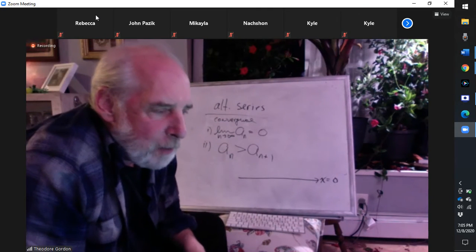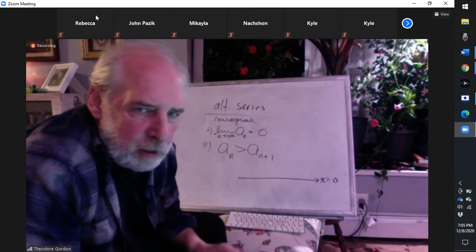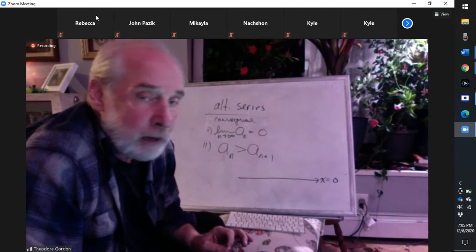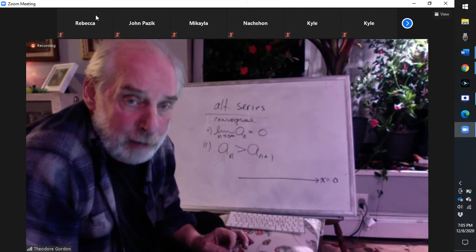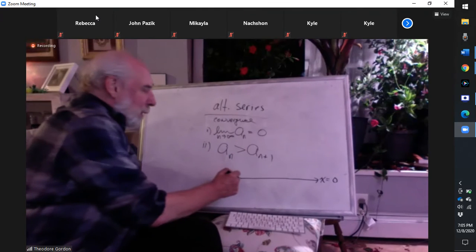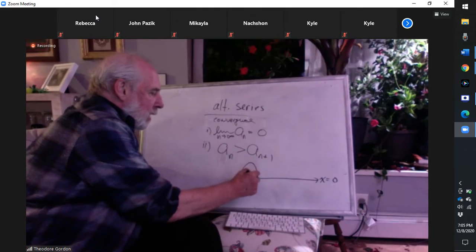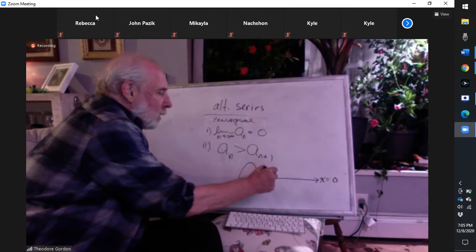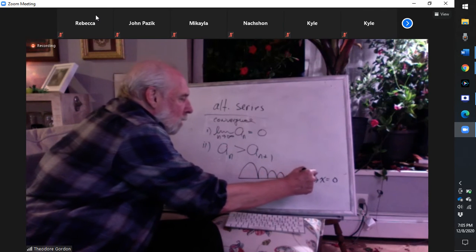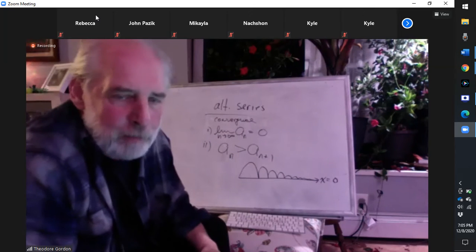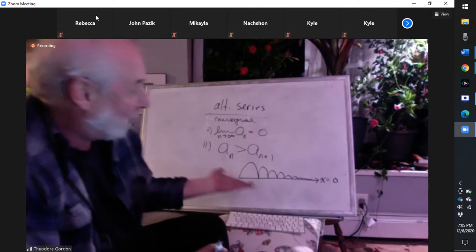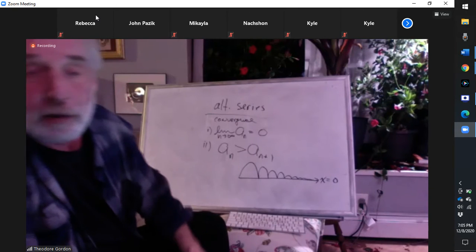And instead of thinking of an alternating series as positive, negative, let's think of it as up, down, up, down, up, down, like something bouncing, right? So if we're bouncing up, down, a bouncing ball, and each of those bounces gets smaller and smaller and smaller, you see eventually it stops and becomes 0. That's a picture of the alternating series test.